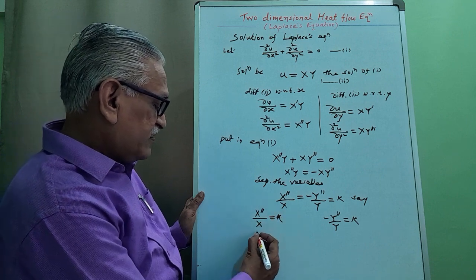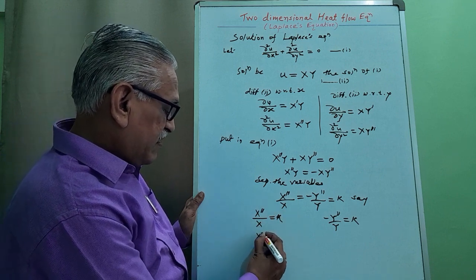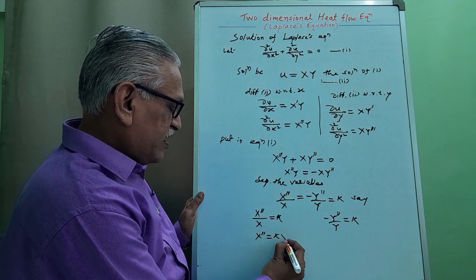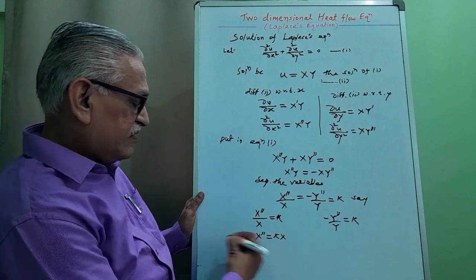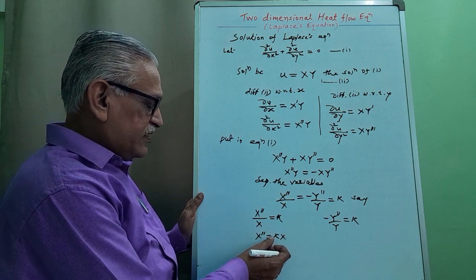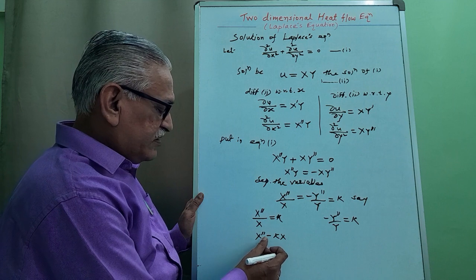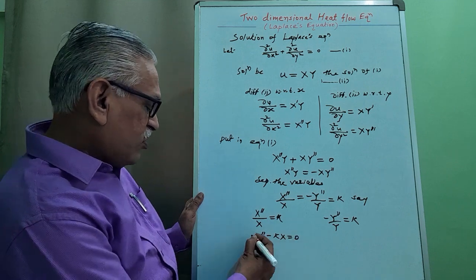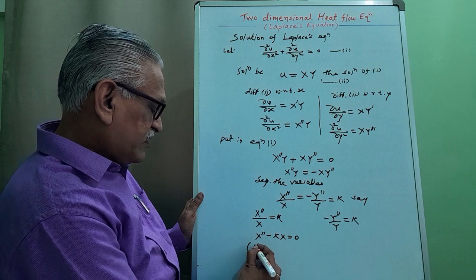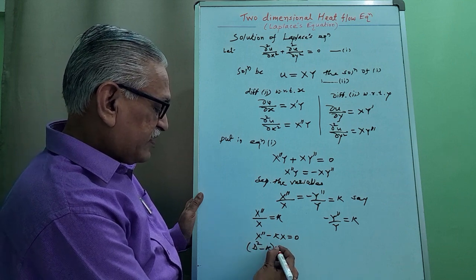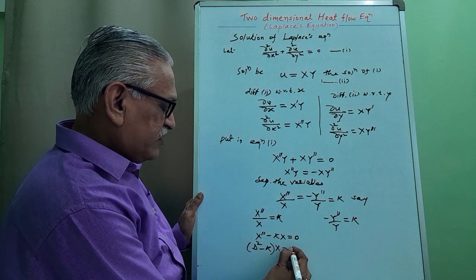We get X double dash equal to k into X. Then transferring that to the left hand side we get X double dash minus kX equal to 0. In symbolic form it becomes D square minus k into capital X equals 0.